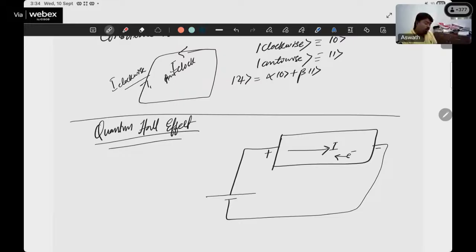Now if I apply a magnetic field perpendicular to this slab of current carrying material, what happens? Because of the Lorentz force, q into v cross B, charges start accumulating on the edges of this material.